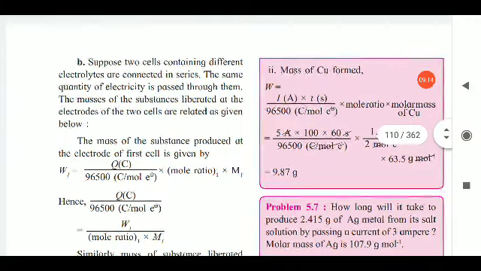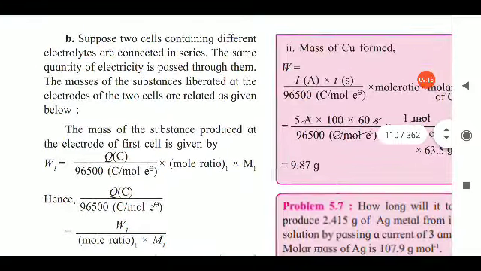And after that, suppose a cell is having a series of constructions, means the same cell is repeated 2 times, 3 times like that. Suppose 2 cells containing different electrolytes are connected in series, the same quantity of electricity is passed through them.